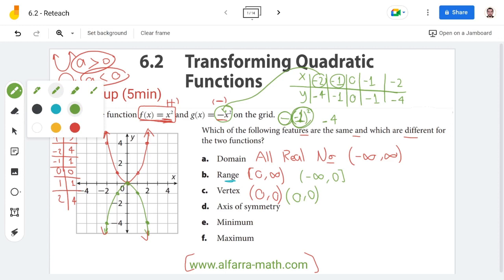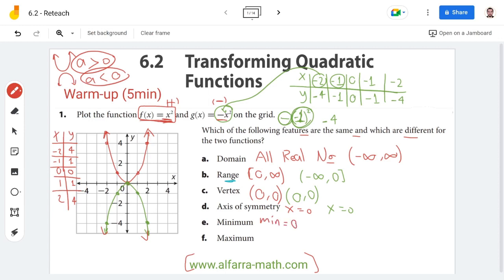Axis of symmetry. If you look at the axis of symmetry of red, it's x equals 0. And the green one is also x equals 0. So they are sharing the same axis of symmetry. Now the minimum of the red one is equal to 0, and the maximum is none.